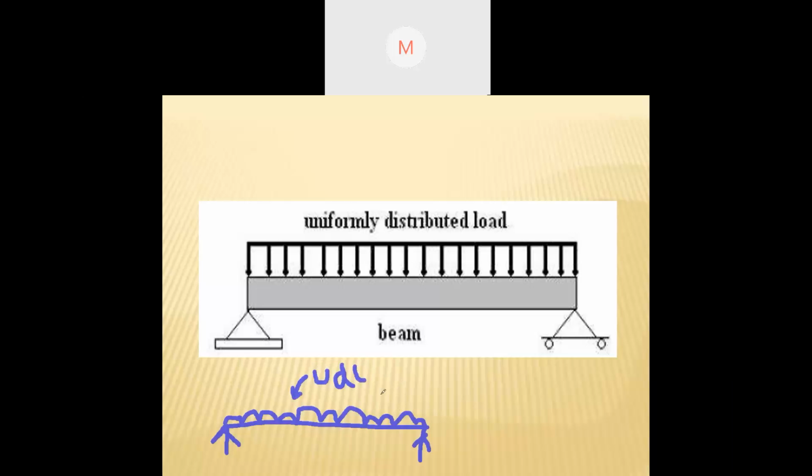Now you can see here, for the other types of loads, it is in, suppose, Newton or kilonewton. Remember? But in case of UDL, it is Newton per meter. If in the copy or in the exam the load is given as Newton per meter or kilonewton per meter, then understand that it is UDL. Why UDL? Because suppose the distance between this end and this end is L meters.